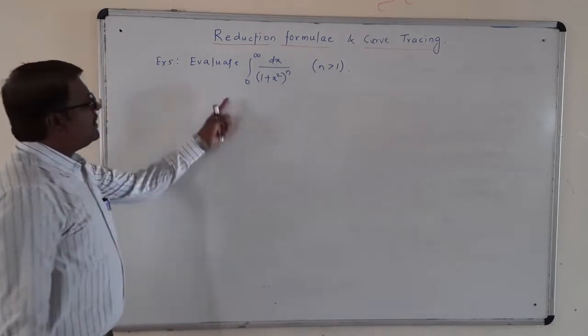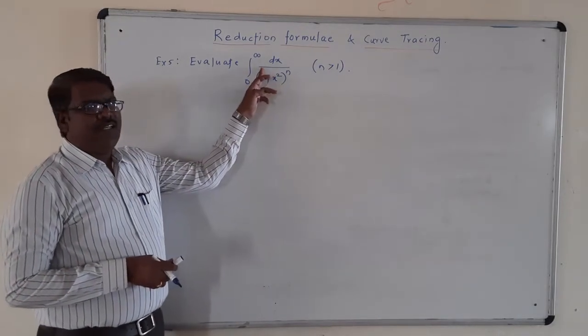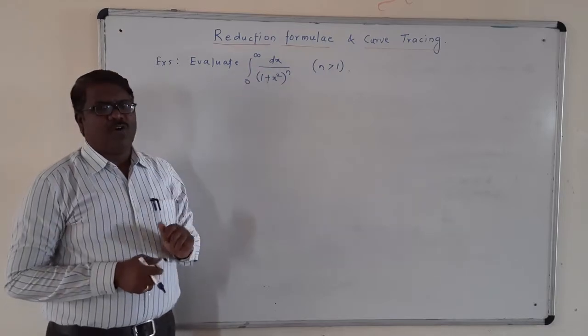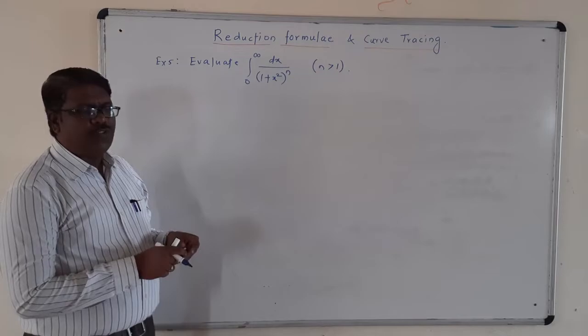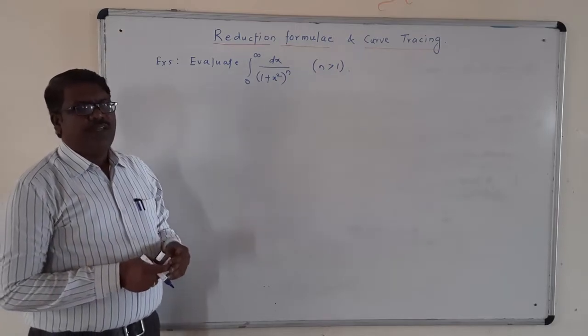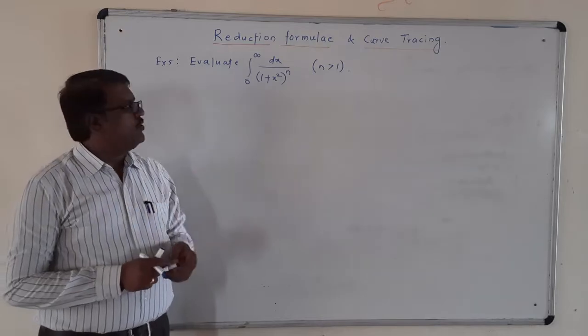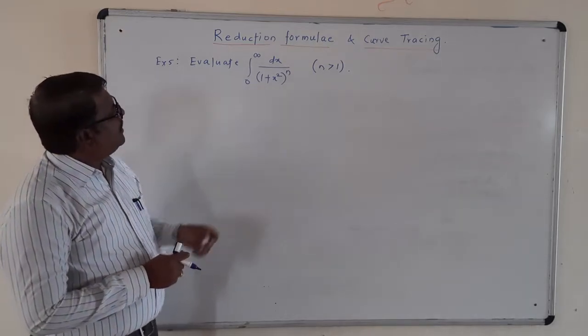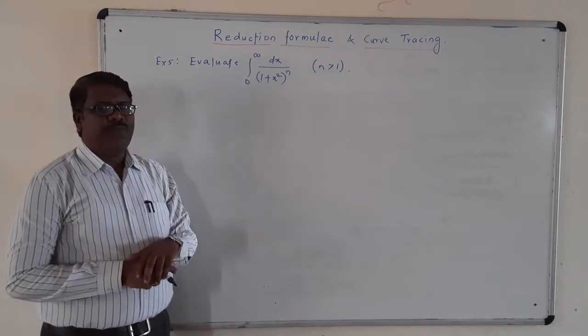So now in this example, there is no term containing sine, there is no term containing cos, but the Wallis formula which we are going to use contains either sine or cos or a combination of both. But here nothing is there in terms of sine and cos, so we have to go for some substitution.